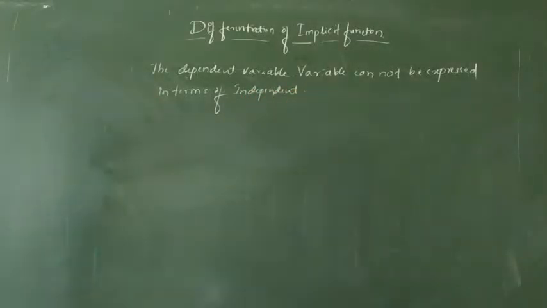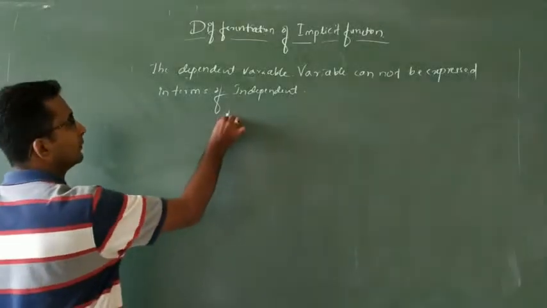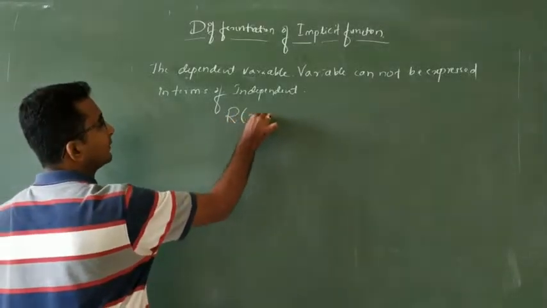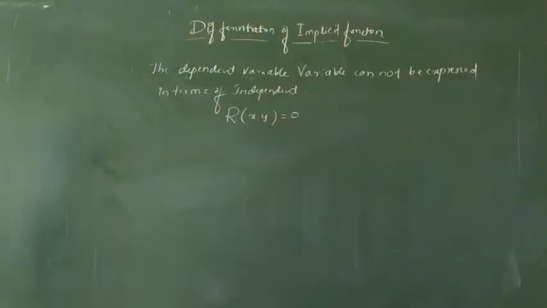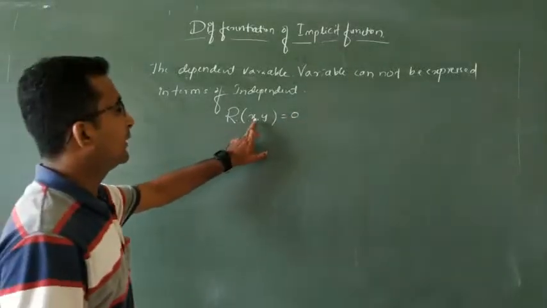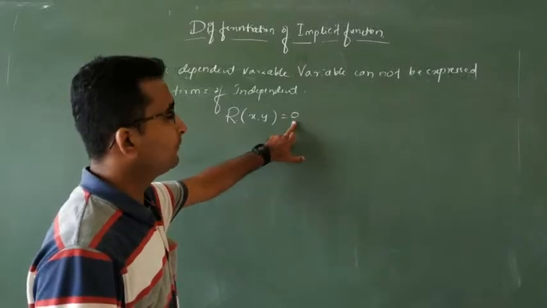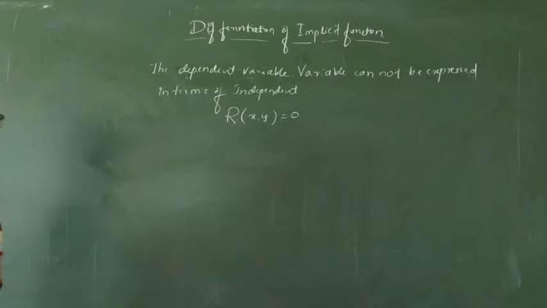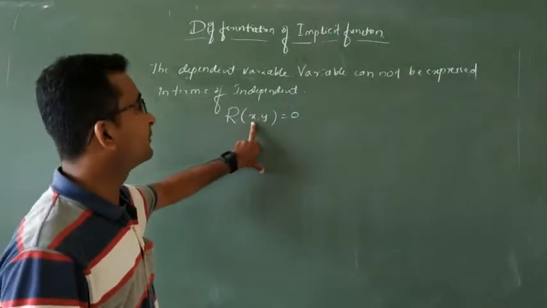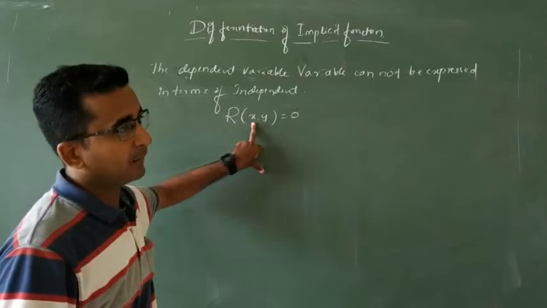In general, they are shown in the form f of x comma y is equal to 0, that is, a function of the x and y variables is equal to 0. The dependent variable cannot be expressed in terms of the independent one, but it is given along with the independent variable.